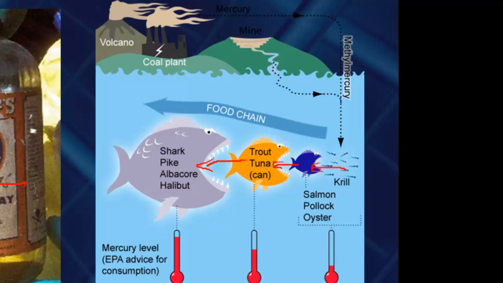And so that's why we have to watch how much fish we eat and where the fish came from, because we want to limit our exposure to heavy metals. Mercury has neurological impacts, and of course, for pregnant or expectant mothers, it's going to have major impacts on the development of the offspring.